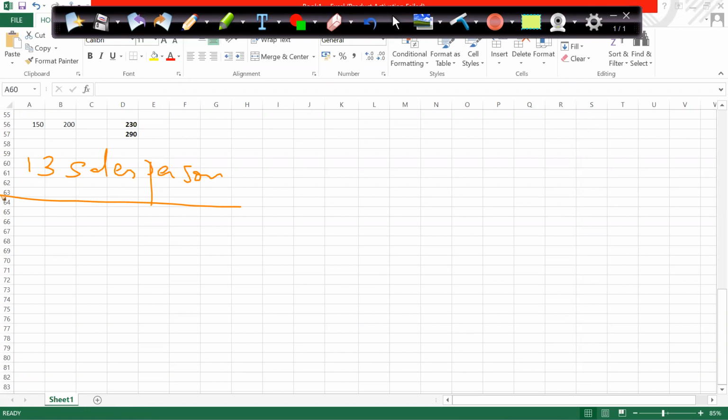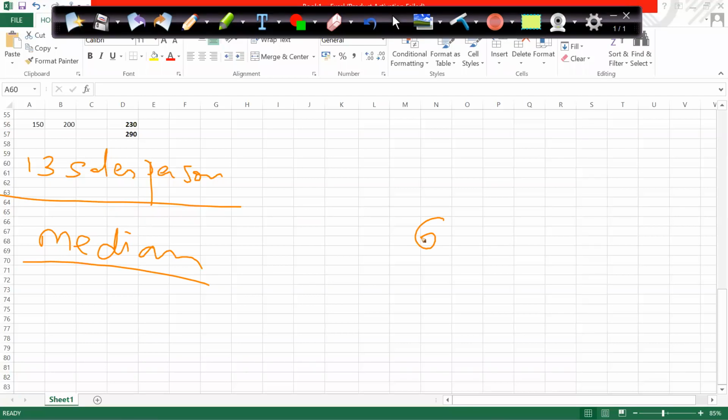What we are looking for is, let's say, they are selling bikes. The data says the median of how many bikes each salesperson is selling is, let's say, 6.